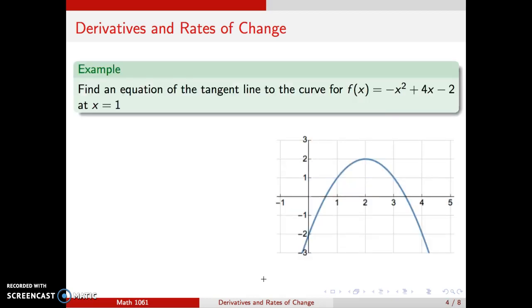So for an example, let's find an equation of the tangent line to the curve f of x equals negative x squared plus 4x minus 2 at x equals 1. So what we're thinking of is the tangent line to that point. And the way we had done that before was, there's a secant line, there's a secant line, there's a secant line.